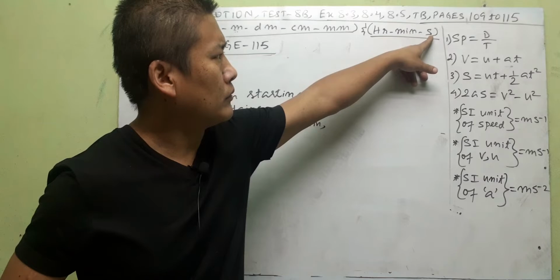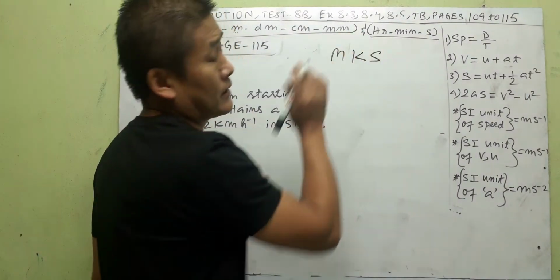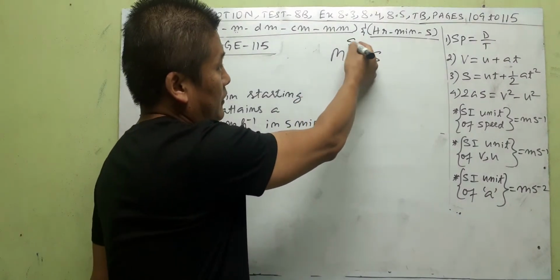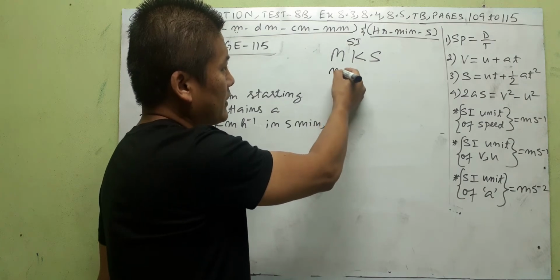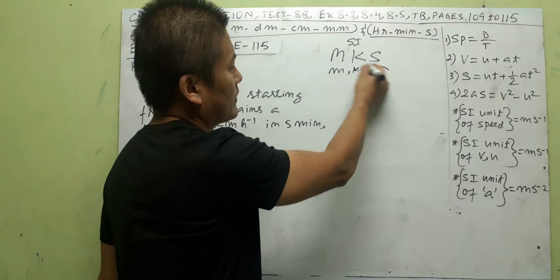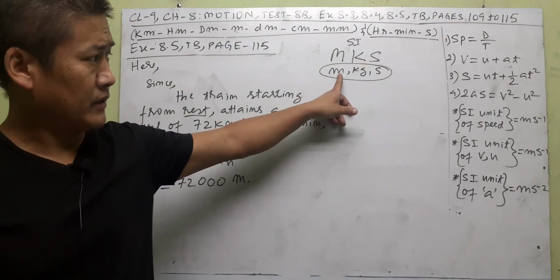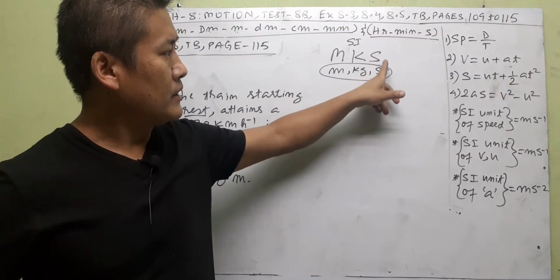SI units follow the MKS system, which we already discussed in the first class. For length we'll use meter, for mass we'll use kg, and for time we'll use second. That's the meaning of SI unit.